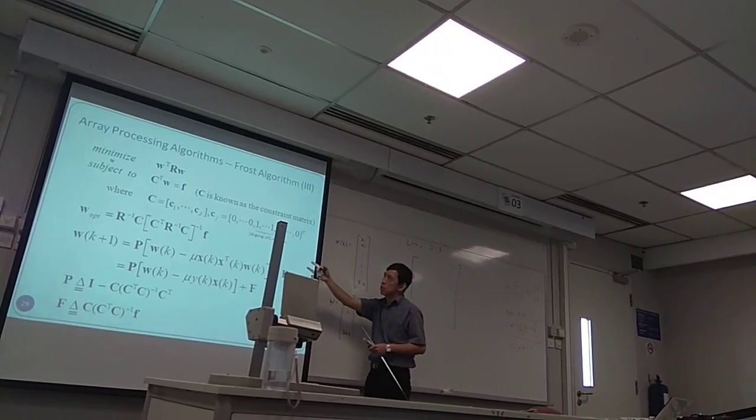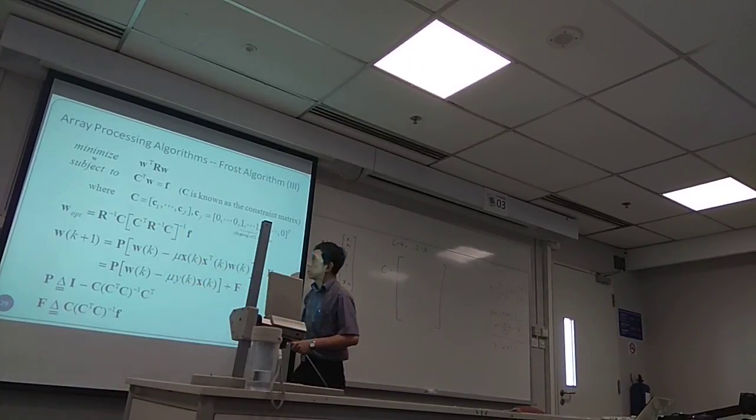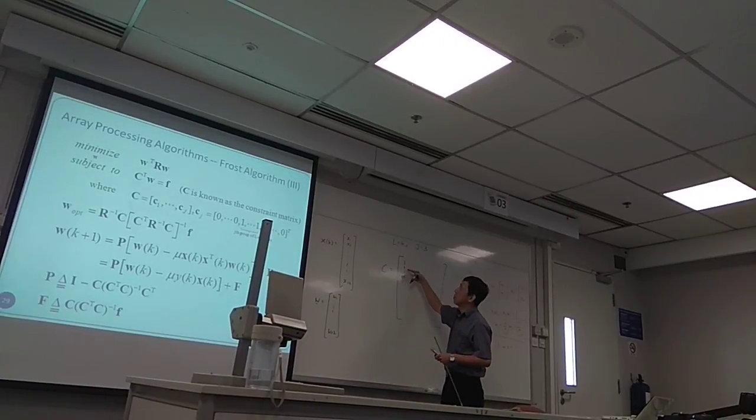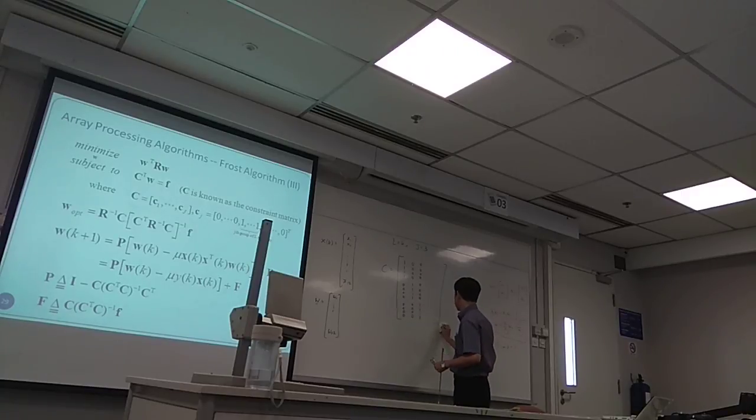Then the matrix C has a first column of 4 elements of 1, 1, 1, 1, followed by 0, 0, 0, 0, and another group of 0, 0, 0, 0. The second column will be this, and the third column will be this. So this is the matrix C.